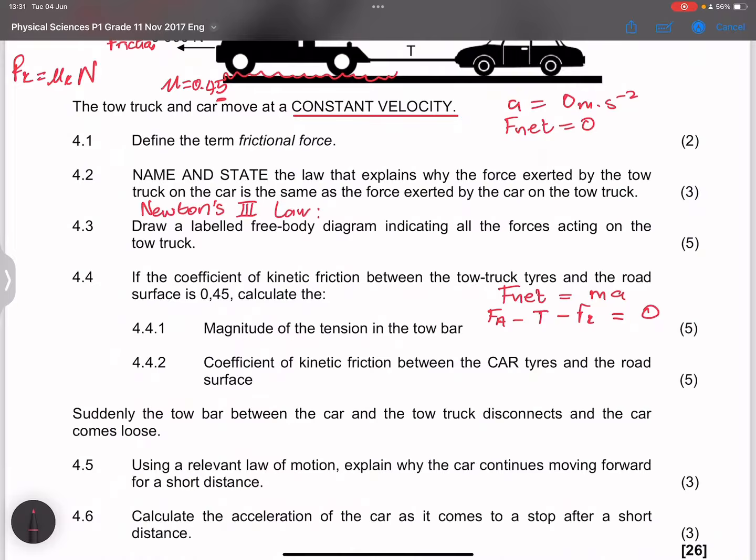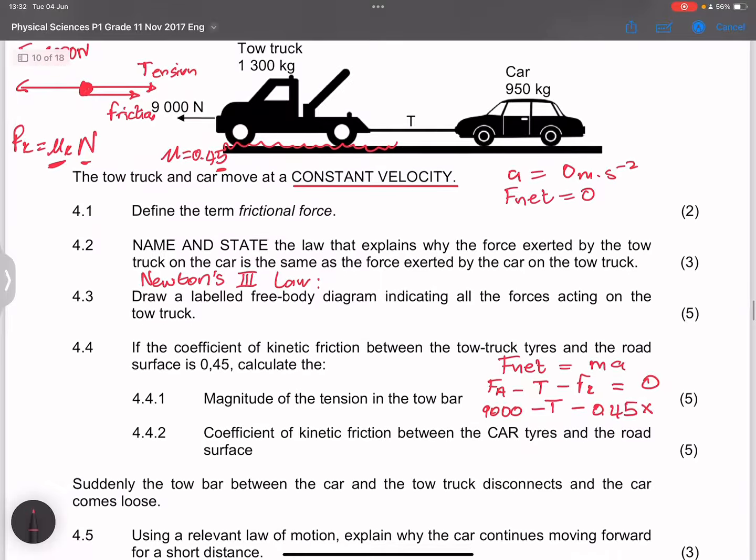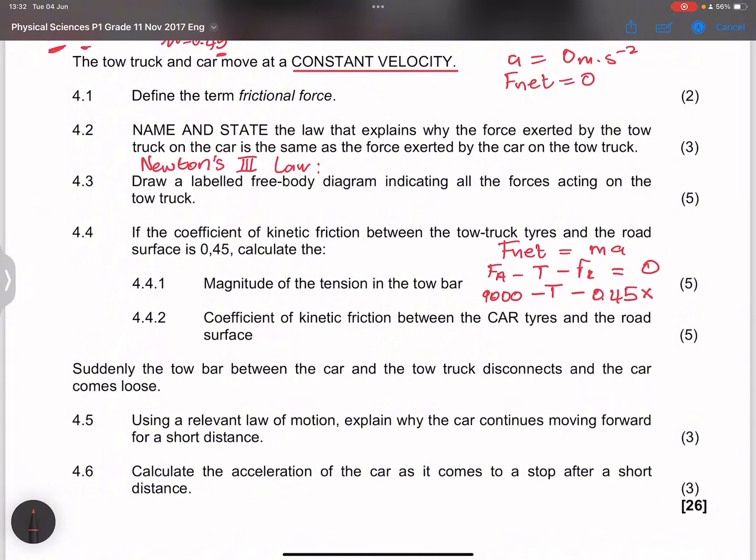So now, this is 9,000 minus that tension minus the coefficient of friction, 0.45, times the normal force, which is equal to the weight of the truck. So that's 1,300 times 9.8. And all of that should give us a sum total of 0.